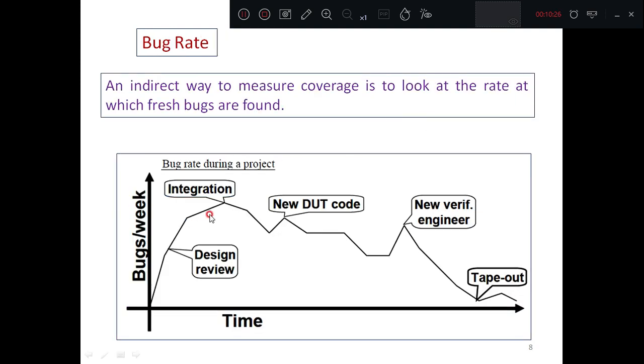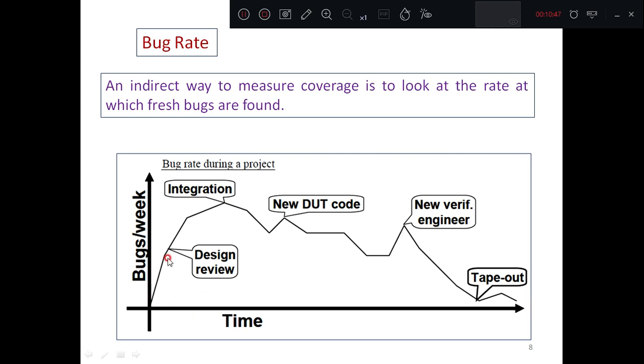Now let us come to the bug rate. What is this bug rate? An indirect way to measure coverage is to look at the rate at which fresh bugs are found. Let us see this graph where along the y-axis we have bugs per week and along the x-axis we have time.